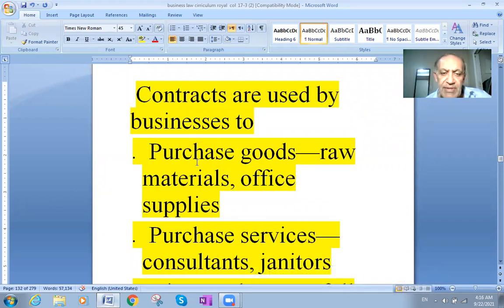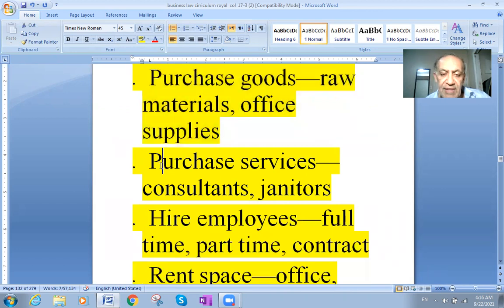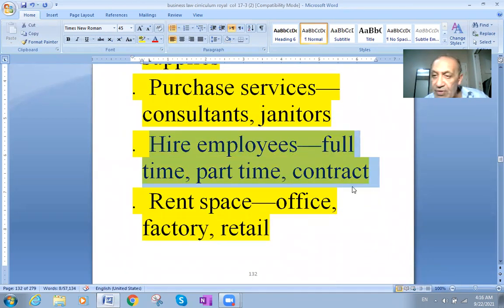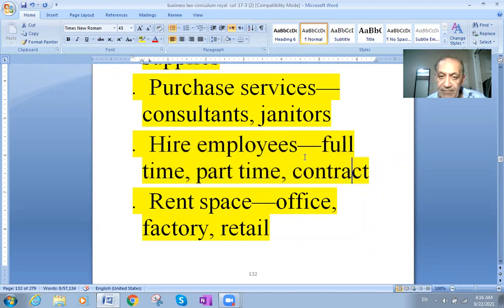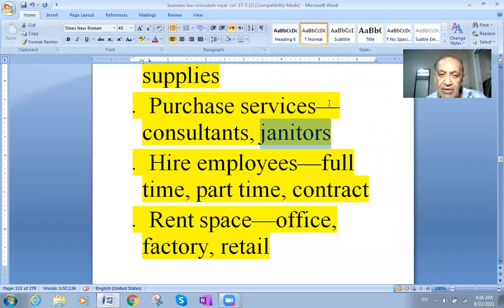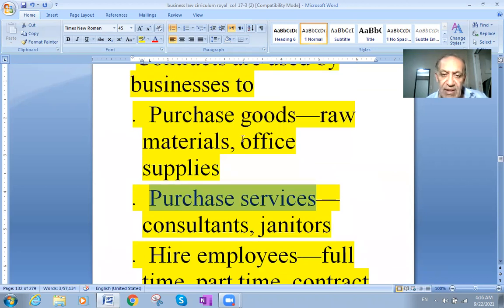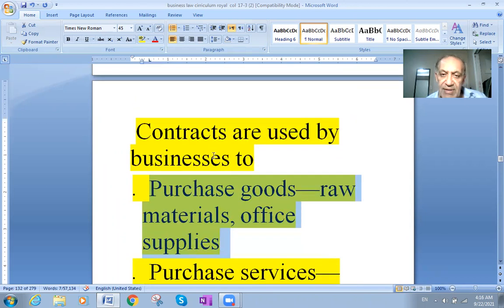Contracts are used by business to purchase goods or raw materials or office supplies, purchase services, consultants, janitors, hire employees, full-time, part-time contracts. Those are the types of the contracts. Contracts for janitors, contracts for purchase services, contracts for raw materials and office supplies.